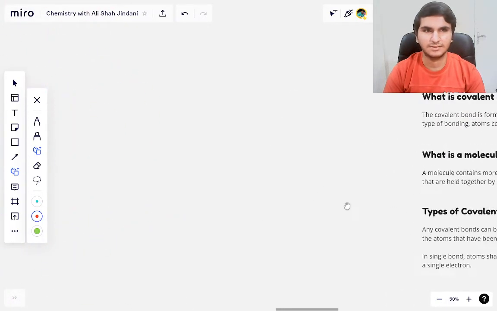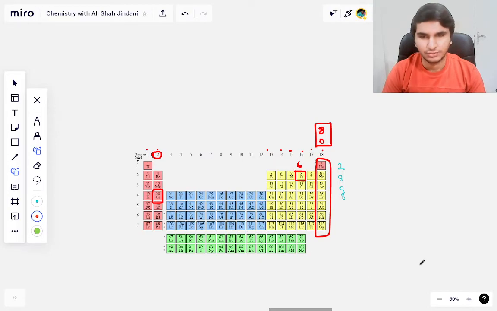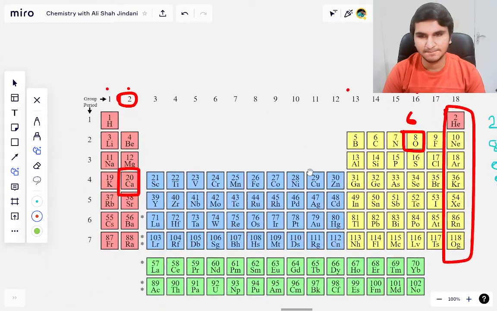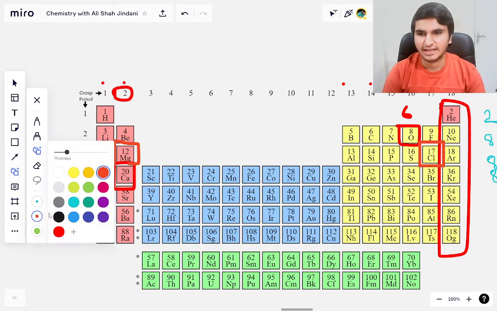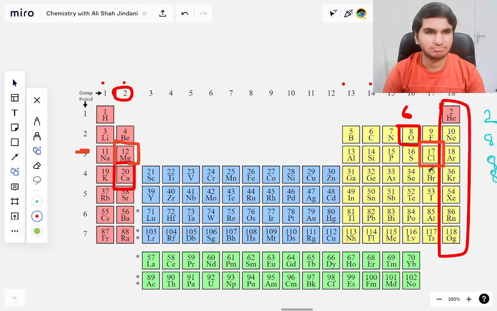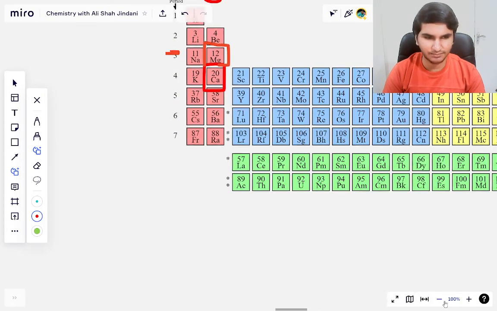So we have magnesium over here in the second group and third period, and chlorine we have in the seventh group, and the period number is the same, that is 3.